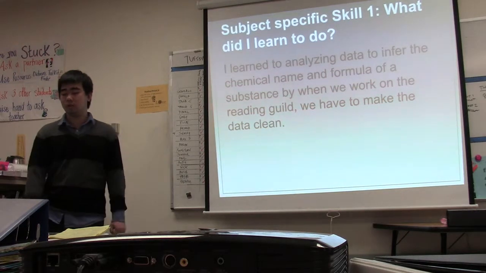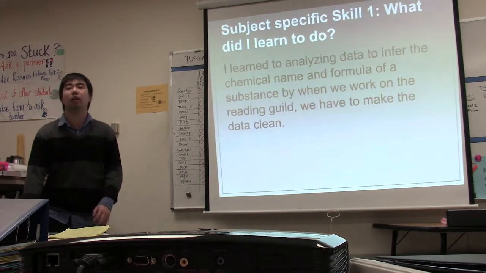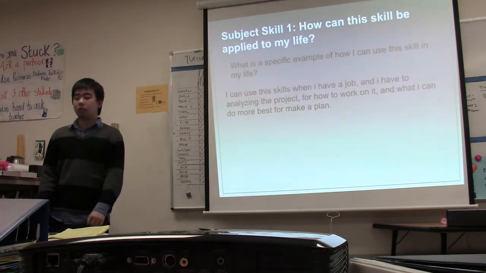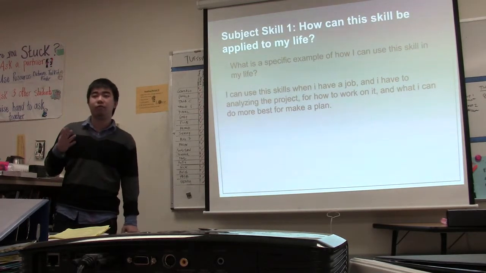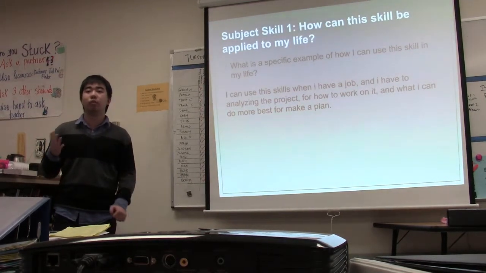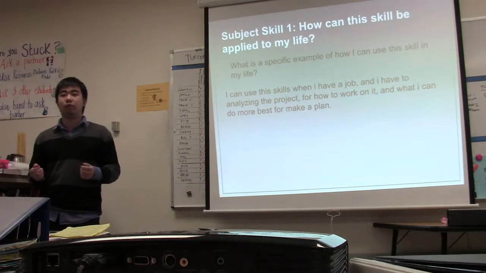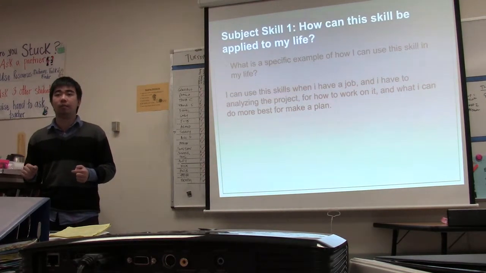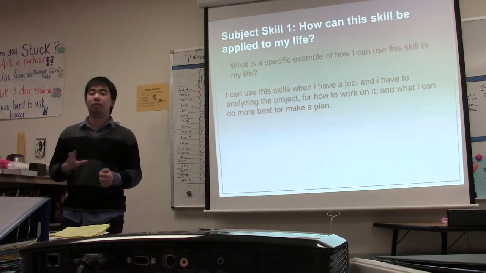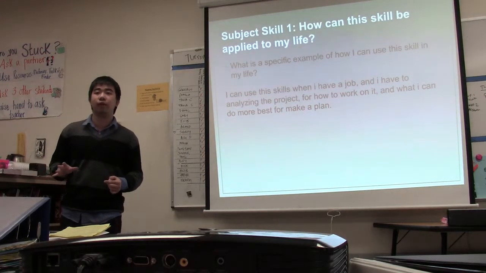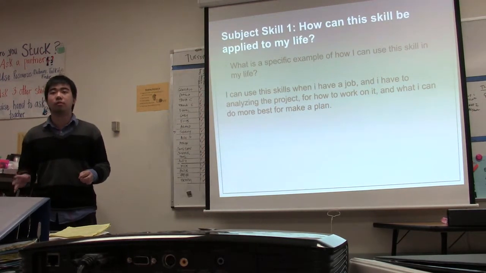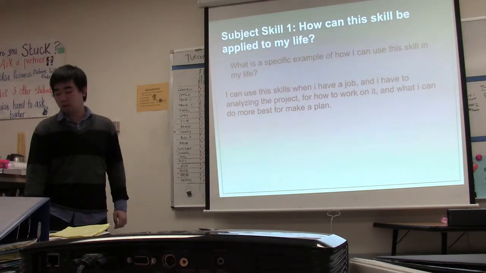So we can find our unknown substance. I can use this skill when I have a job. When we get a project, we have to analyze the data and information we have and make a good plan for the boss.